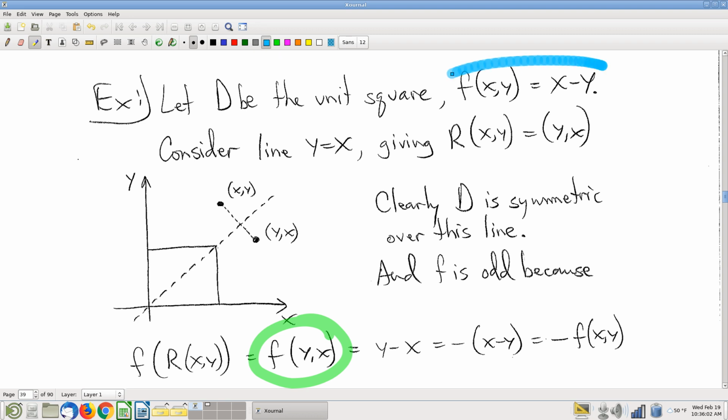When I say that f of xy is x minus y, what I mean is whichever variable is first goes there, right? And then whichever variable is second goes there. So look, if you've got f of y comma x, let's be really careful about this. Notice the first thing that therefore goes there is y.